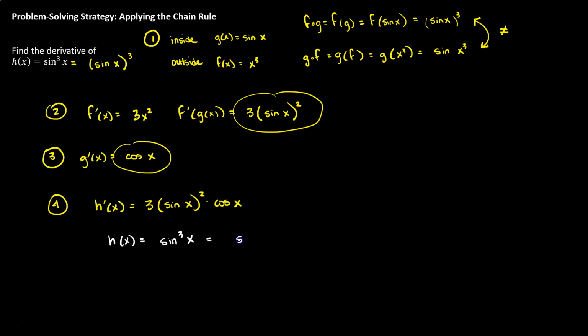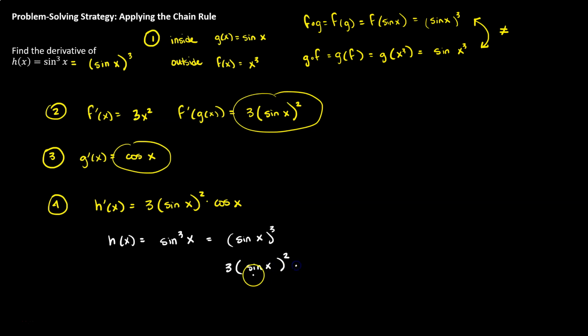What I mean by that is if we look at this as sine x quantity cubed, I can see that the outside function is the cube function. So taking the derivative of that almost looks like this. If it were just x inside, it would look like that, but we know that we have more than just x inside. We have sine x inside, so I leave it there.